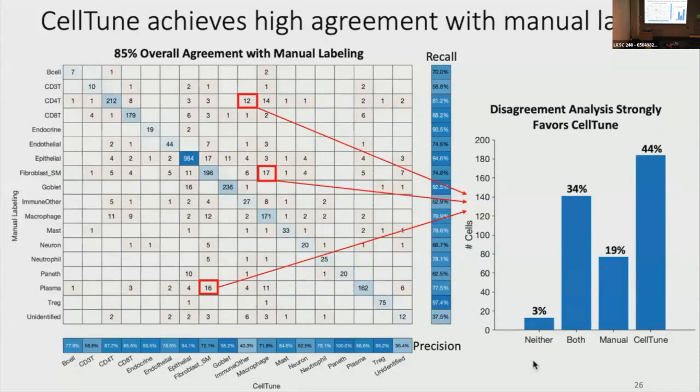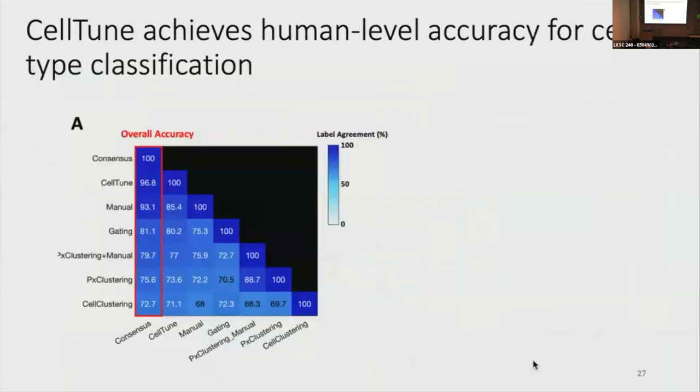And then we had 3 manual labelers where we took the majority vote to be the consensus for these cells. And we saw that the CellTune predictions were slightly better than the manual labeler, but a jump above what we were getting with other methods.